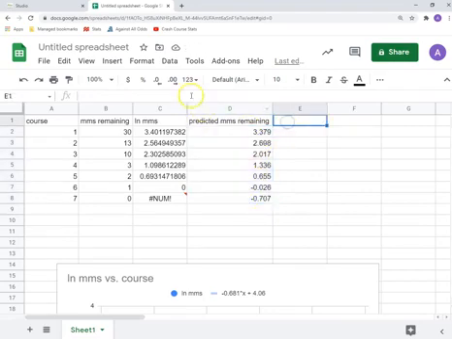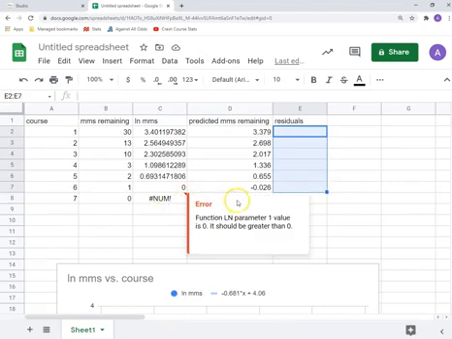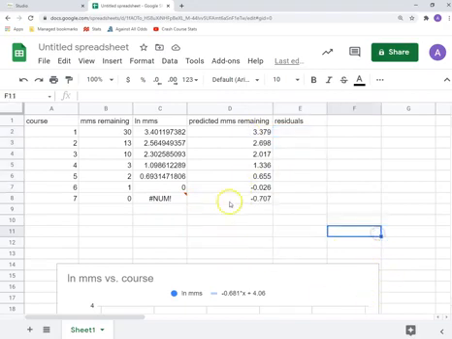Now, when we do the residuals, remember our least squared regression line was for the natural log of M&Ms, so we're going to do the natural log of M&Ms minus the predicted M&Ms. And here, if you tried to do C8 minus D8, it's not going to like you, so I'm only going to do the first 6 courses.